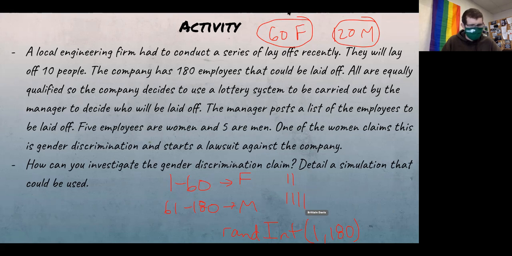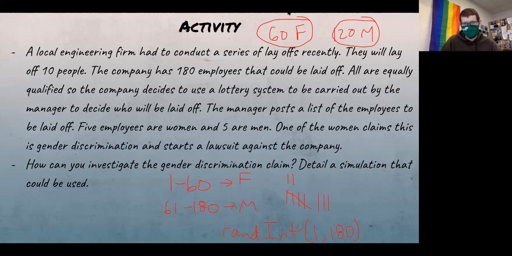I've gotten 6 so far. 142. That's a male. 179. I haven't had that yet. That's a male. So we're at 8. 148. I don't think I've seen that number yet. Last one, I got 145. So in this one trial, I got 2 females laid off and 8 males laid off.